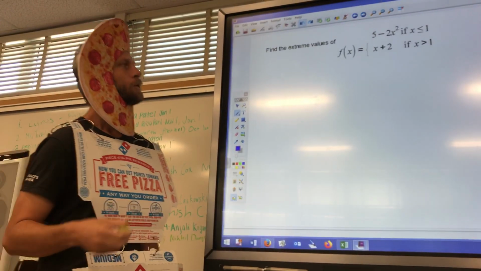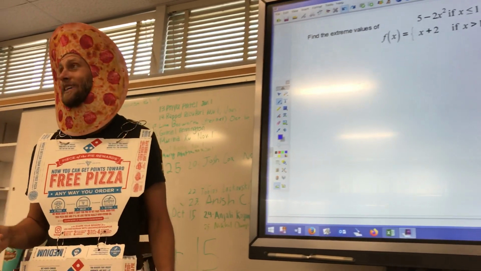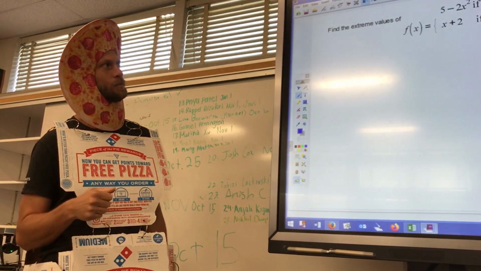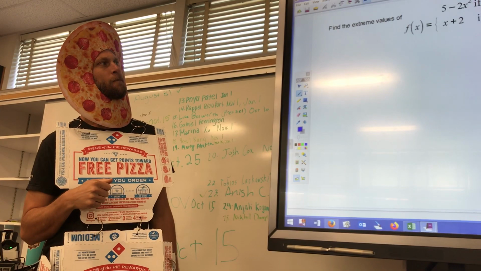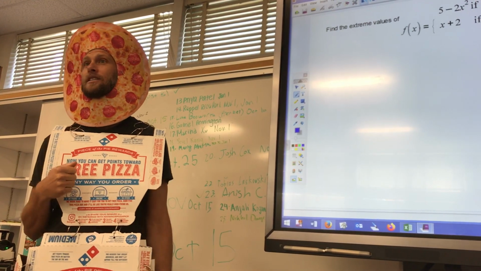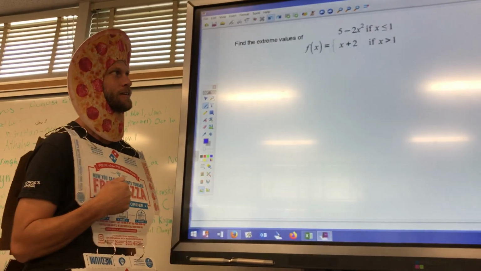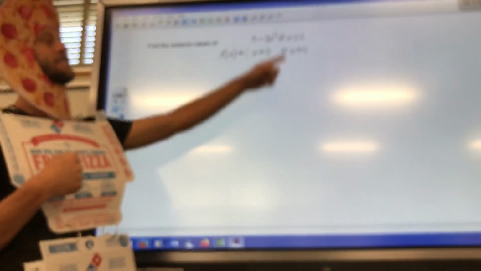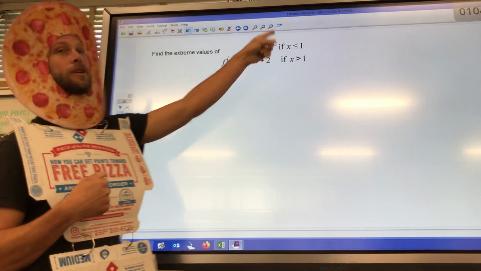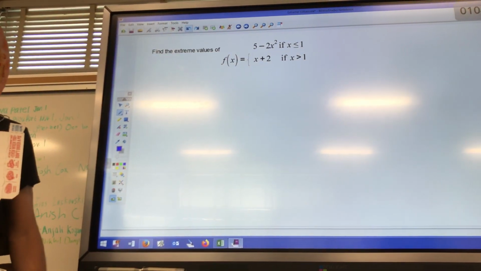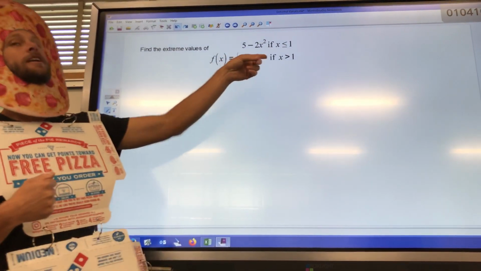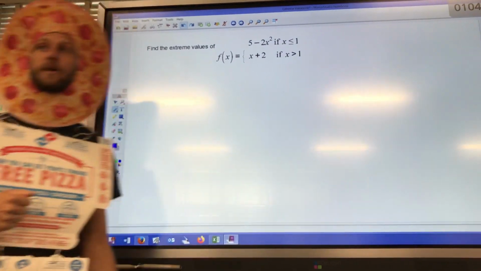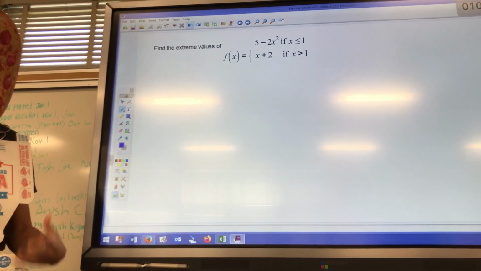All right. We have a piecewise defined function that we want to find the extreme values of. So, first thing we need to do is look at the domain. What's the domain of our function? We got x is less than or equal to 1 for this one. Are there any restrictions on 5 minus 2x squared? No. Are there any restrictions on x plus 2? No. Does x less than or equal to 1 and x greater than 1 include all real numbers?